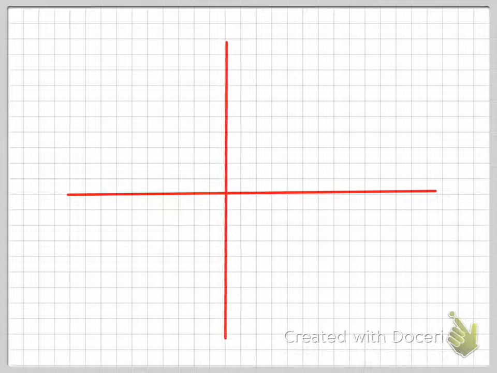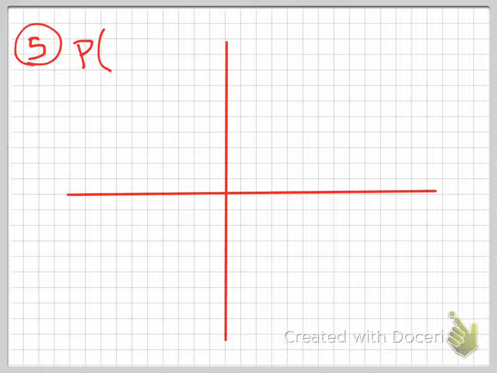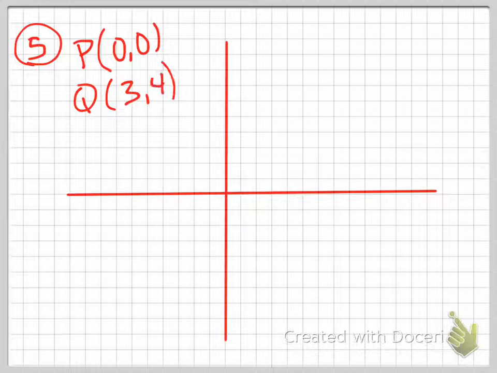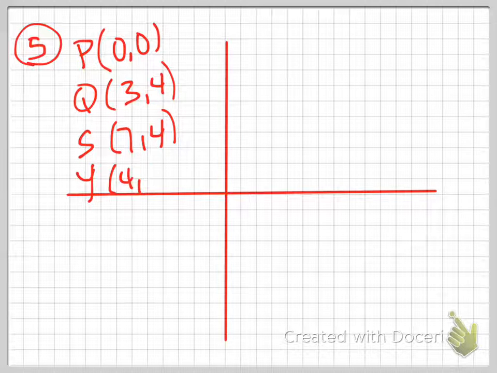Okay. Courtney, what's our coordinates for these points? 0, 0. S is 7, 4. And Y is 4, 0. All right. Plot those. Use the stylus. At 0, 0.